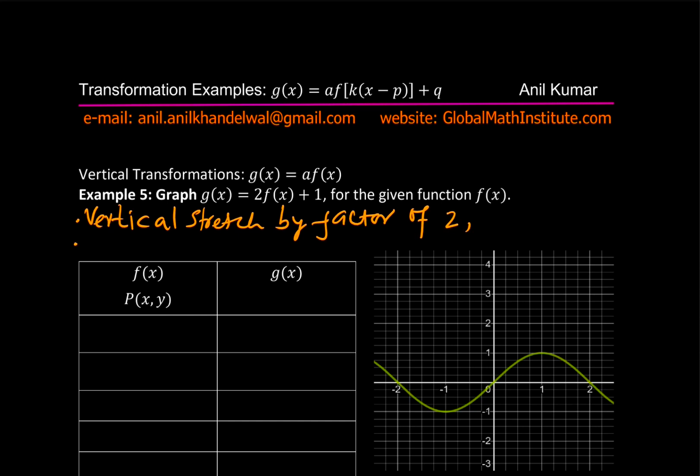So translate 1 unit up. So these are the two transformations. The x value is not changing. So if we take any original graph value as x, y, the x value remains the same, the y value gets multiplied by 2 and then we add 1 to it.